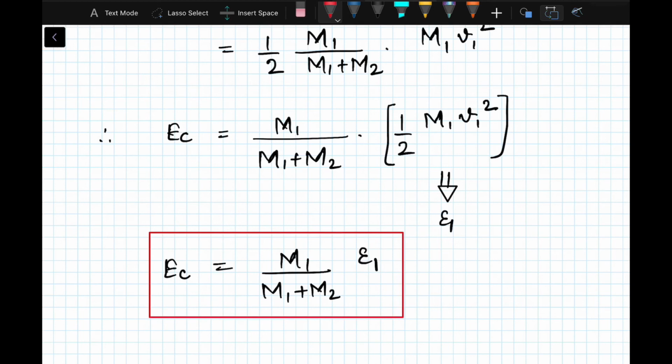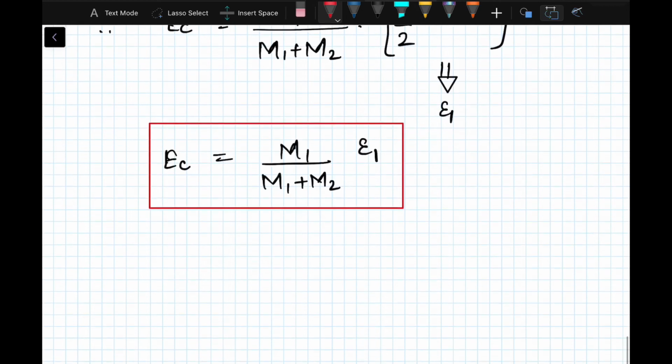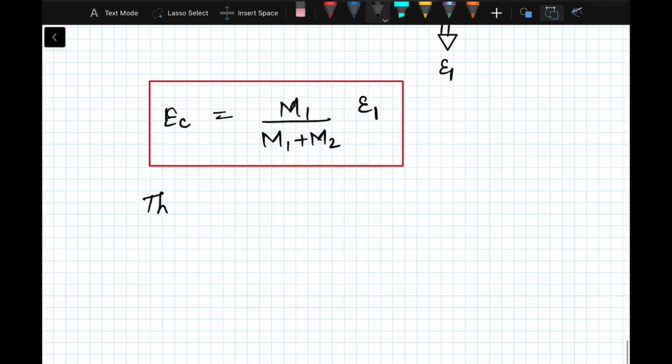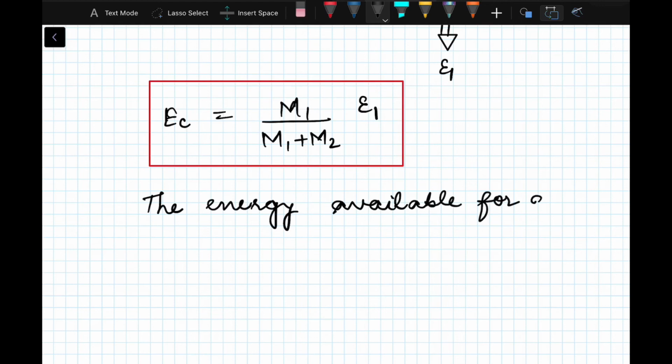Now this energy EC is not totally available for any reaction to take place when we deal with inelastic effects. So let us also calculate the amount of energy which is available for any reaction to take place, given by delta E.